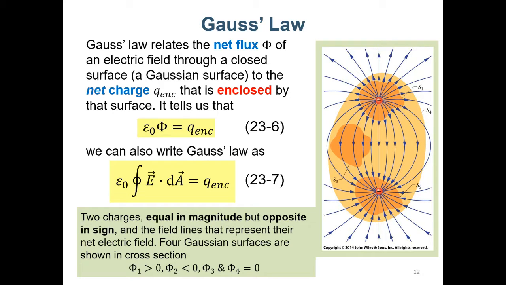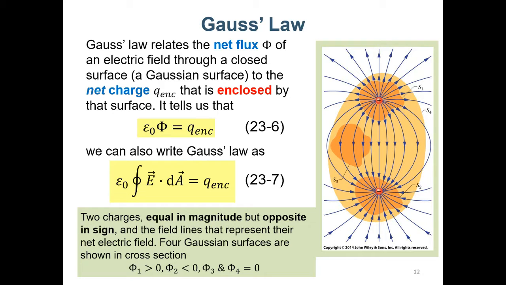Not necessarily are all the points 0. There will be some points that are negative, for the surface here, this part will be negative and this part will be positive.